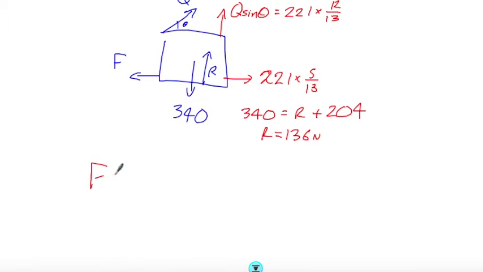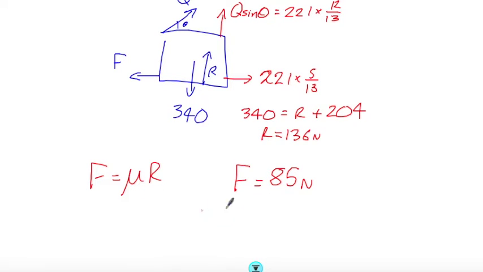And we know that F equals mu R, so that's the maximum F can be. We also know if this isn't moving, that the frictional force must equal 221 times 5/13, which is 85 newtons, because we've got equilibrium going left and right.